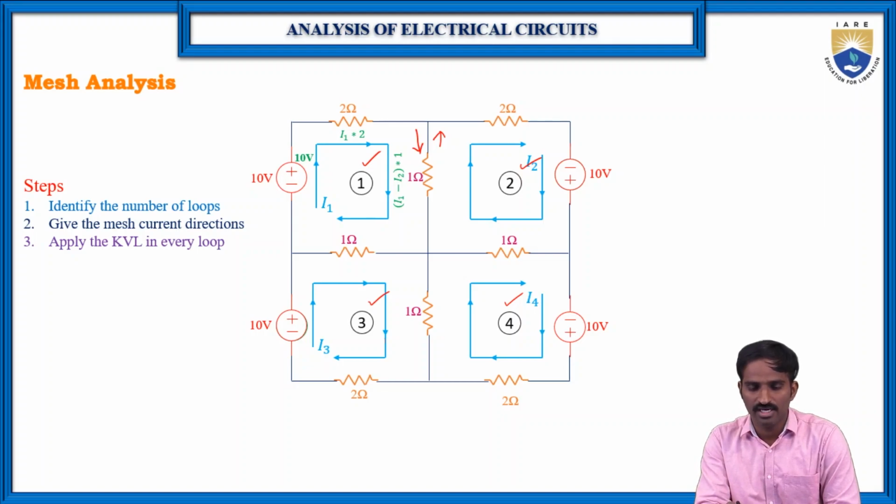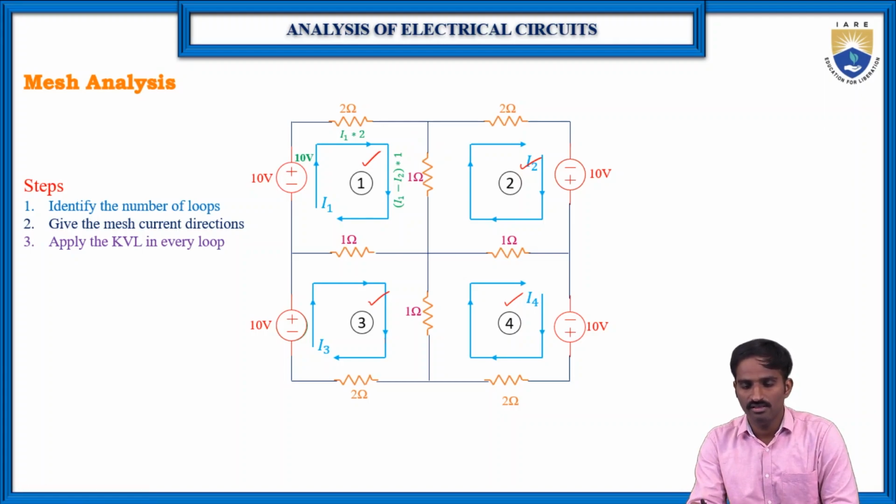But here, with respect to loop 1 the current through I1 is in the downward direction, while with respect to loop 2 the current flowing through the 1 ohm resistor is opposite to I1. So the voltage across the 1 ohm resistor with respect to loop 1 is I1 minus I2 into 1.